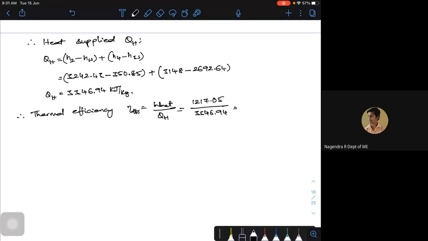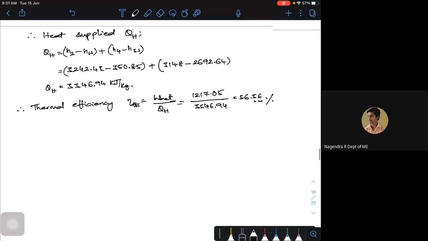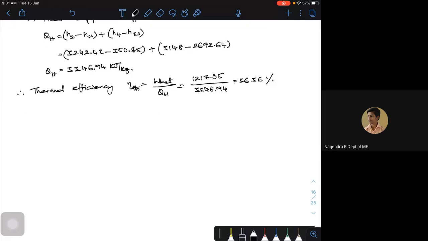How much is it? 36.36 percent, roughly around 36.5%. This is your thermal efficiency.